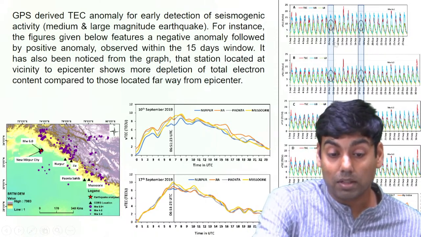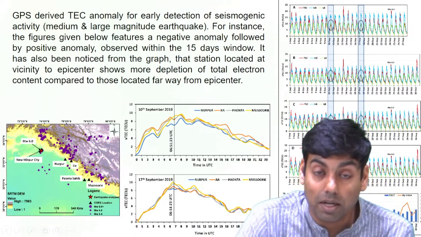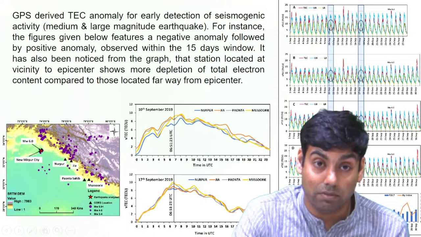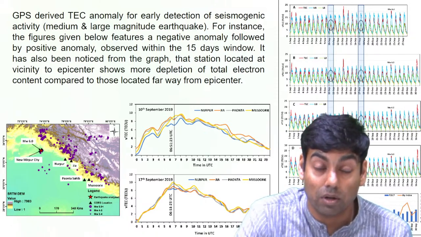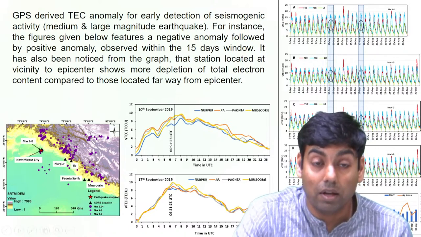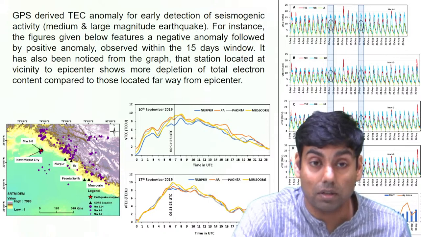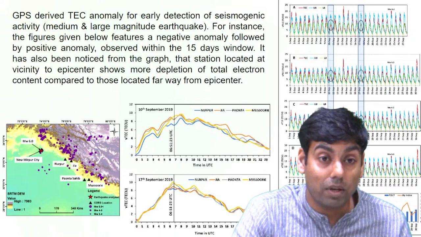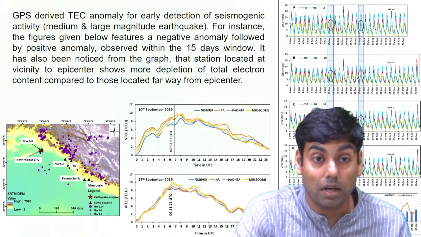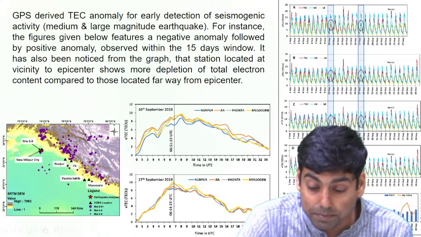That's why these precursors give very crucial information that there could be seismic activity within 20 days, 15 days, 1 month. So we have to measure this anomaly continuously, so that if there is an upcoming big earthquake, we can get some information about it, and we should immediately give this information to the disaster management.